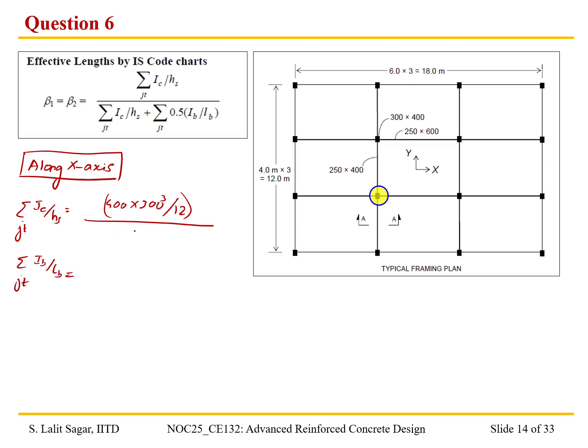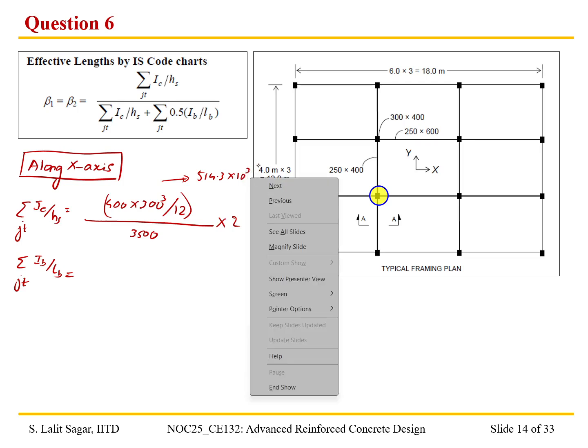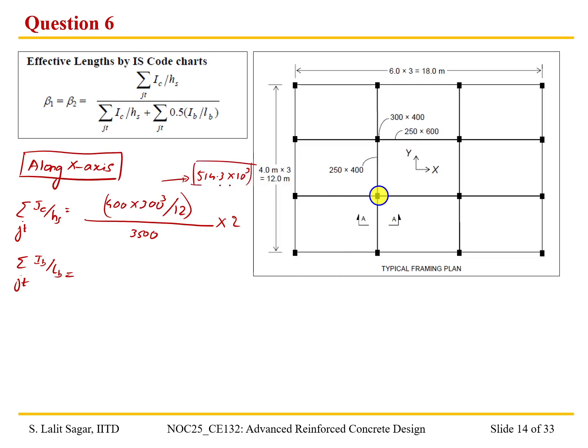IC by HS is 400 by 300 cube divided by 12, divided by 3500. We have to multiply this by 2 because at this joint there are two columns meeting, above and below the considered plane. This gives 514.3 into 10 to the power 3 millimeter cube. I'm leaving the unit here because of the space constraint.